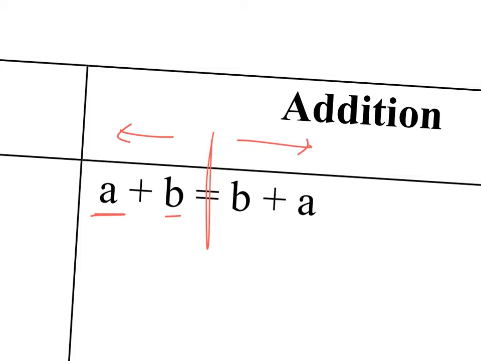A is in the first spot here, B is in the second spot here. If nothing moved, A should be in the first spot on the right side. It's not. It moved to the second spot. So it commuted. That is why this is the commutative property.